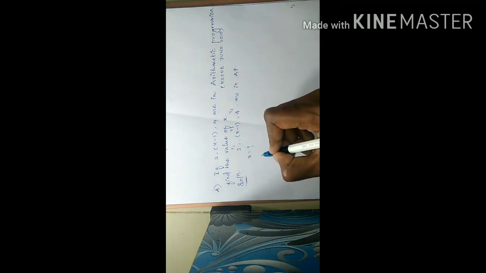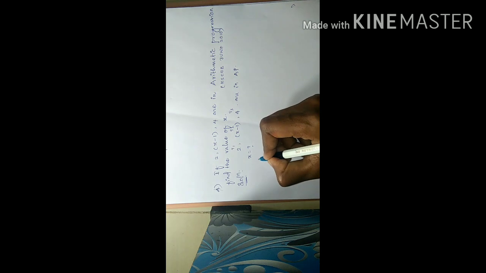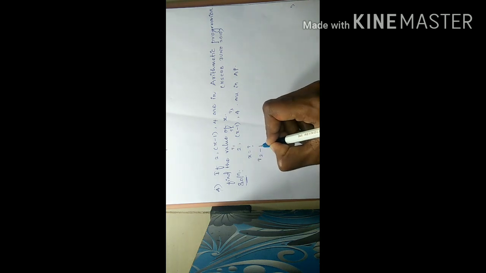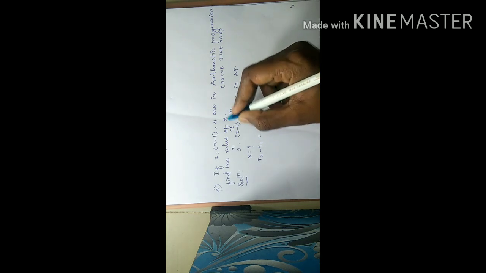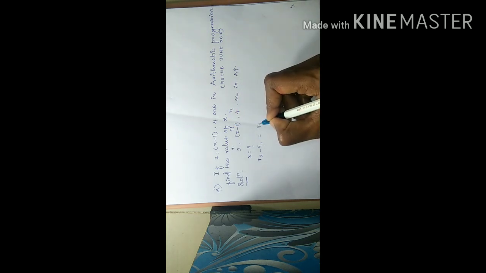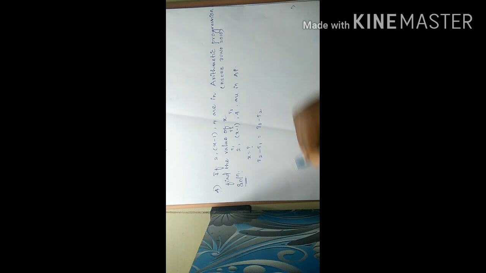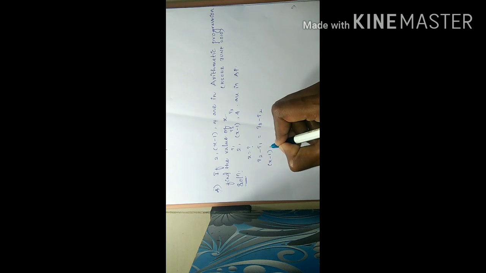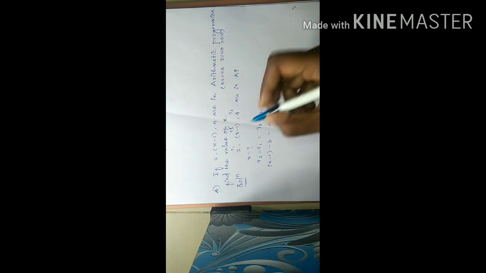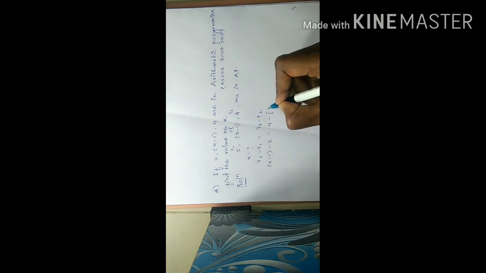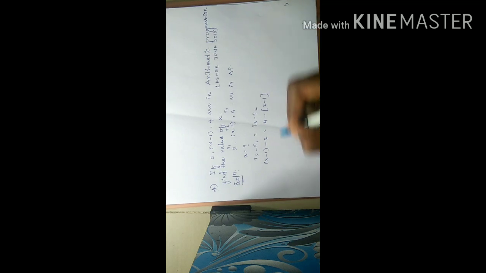Now in the previous example we have seen T2 minus T1 is equal to T3 minus T2. So what is T2? x minus 1. Minus T1, and T1 is 2. That is equal to T3, which is 4, minus T2, which is x minus 1.